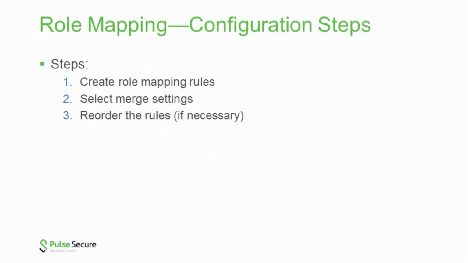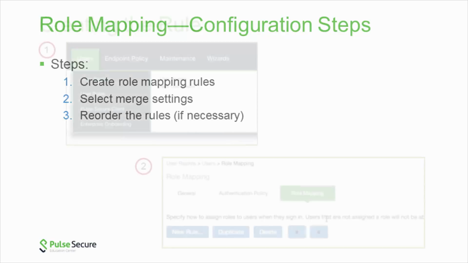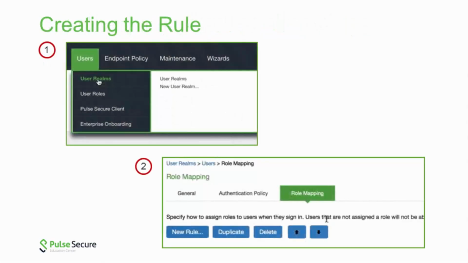The role mapping configuration steps include create role mapping rules, select merge settings, and reorder the rules. To add a rule, perform the following steps. Step 1. Navigate to Users, then User Realms, then to Realm Name, then to Role Mapping.